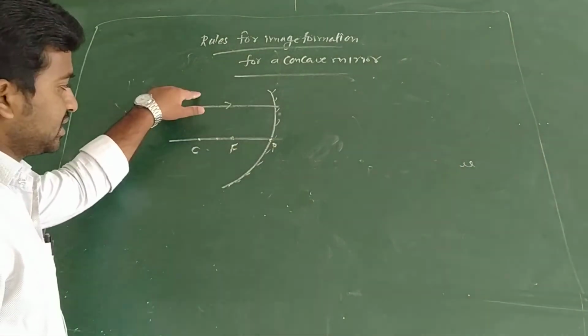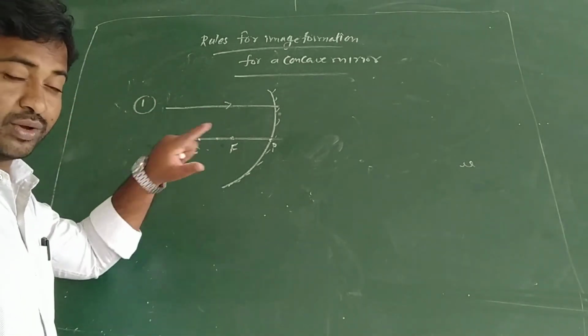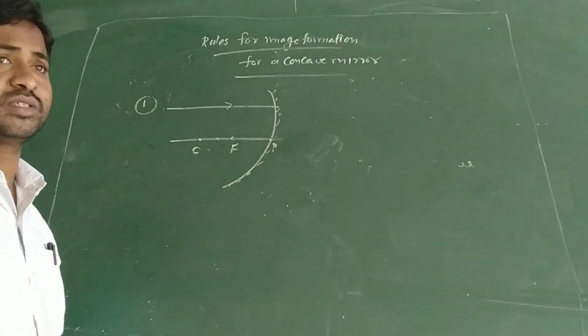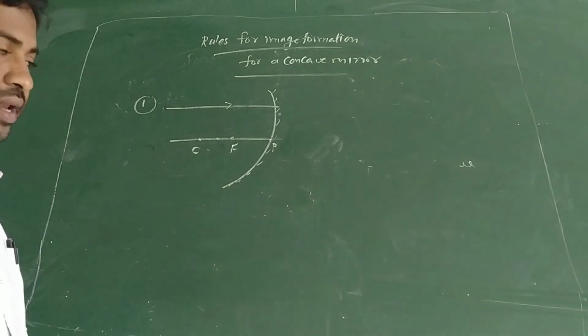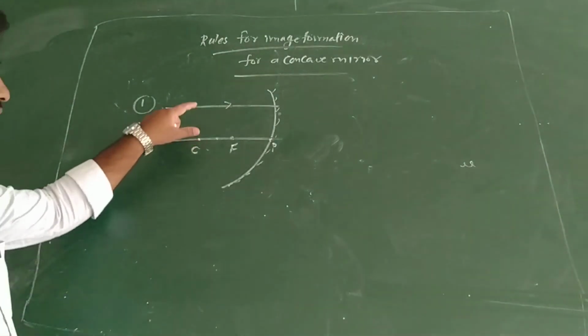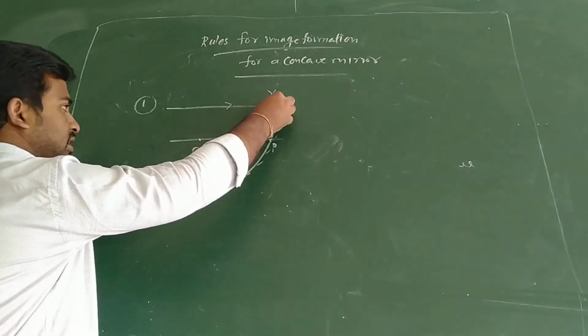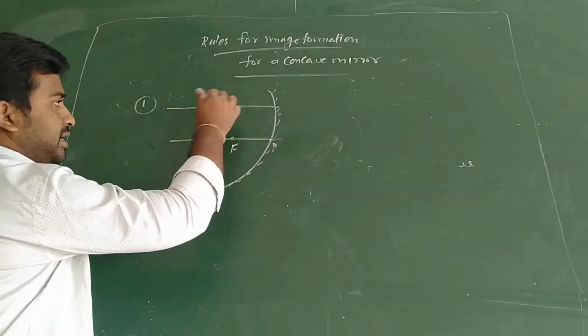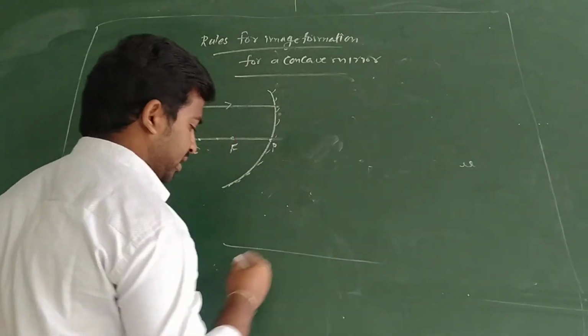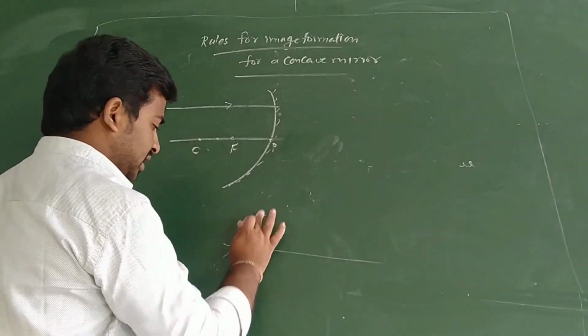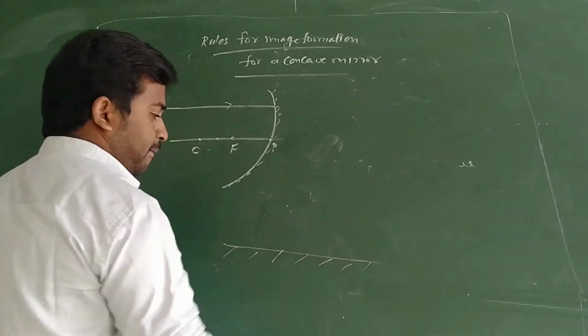So whenever incident light rays travel parallel to the principal axis, again you can remember, we have discussed this a number of times in the light chapter. So again I will repeat. When incident light rays travel parallel to the principal axis, what happens after reflection? If you take a plane mirror, it is a polished, reflecting surface.